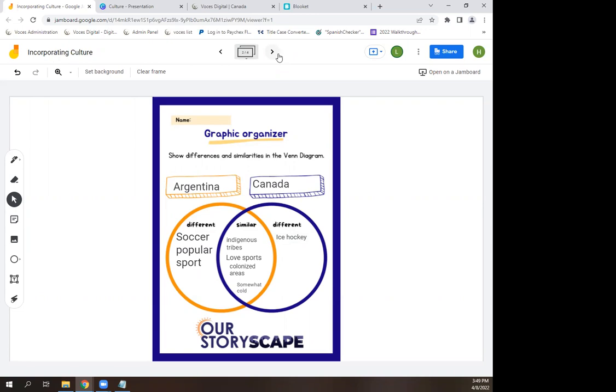In this case, we used it to talk about Argentina and Canada, USA and Canada. And the most important thing to remember is that by visualizing this, we visually also helped our students to develop this idea of creating that space where both cultures can meet.